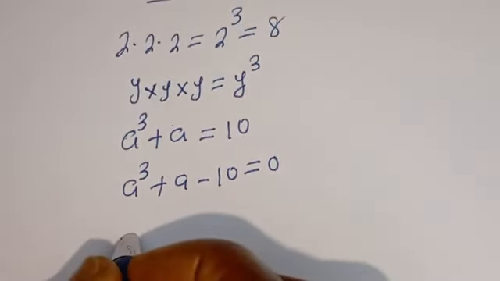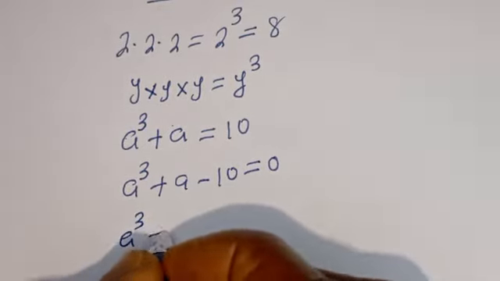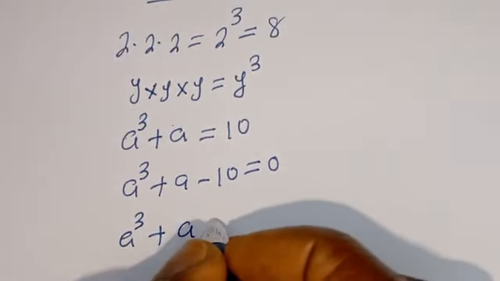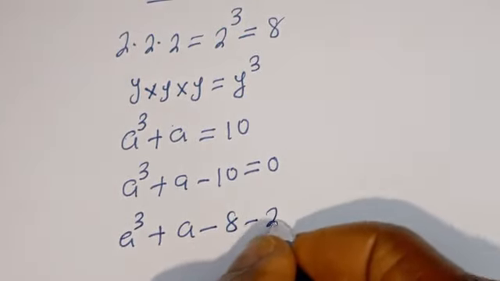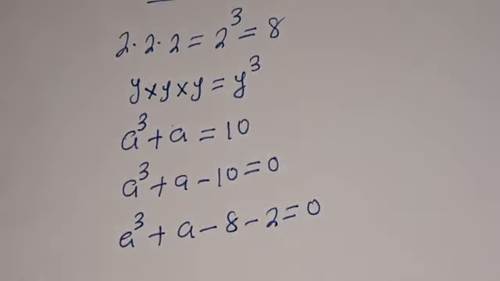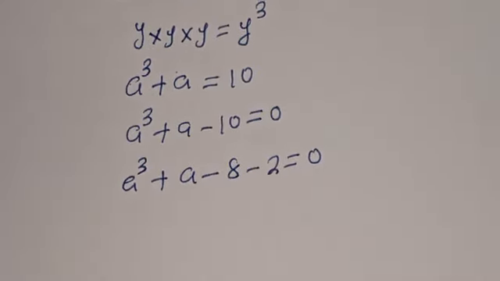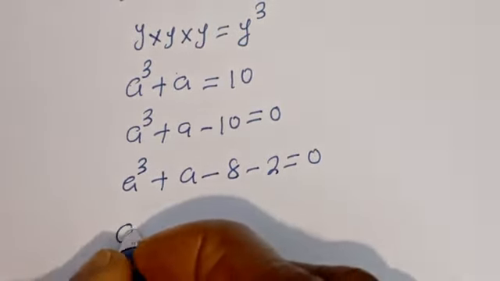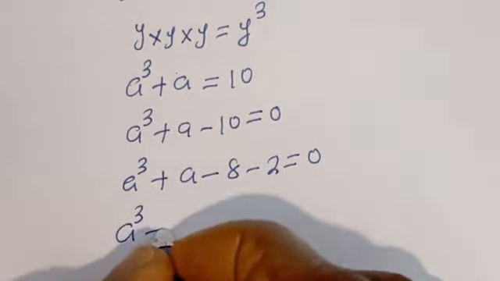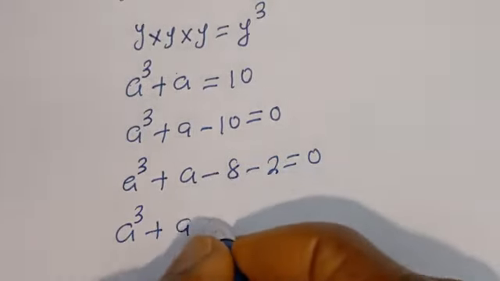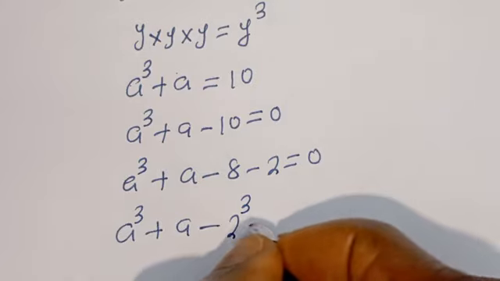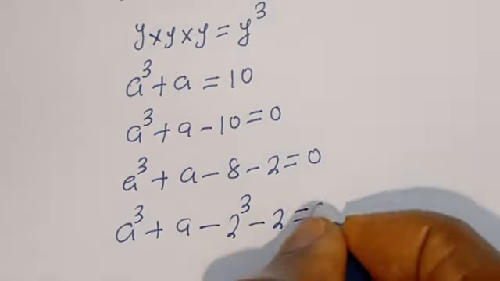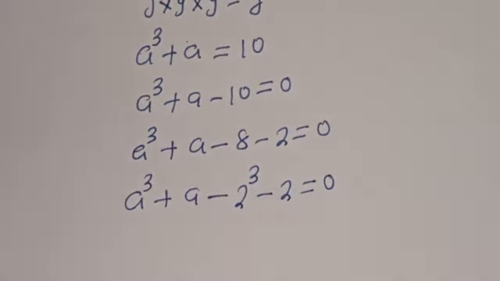Then here we have a to the power of 3 plus a minus 10 can be written as a to the power of 3 plus a minus 8 minus 2 is equal to 0. Then this is a to the power of 3 plus a minus 8 can be written as a to the power of 3 minus 2 to the power of 3 plus a minus 2 is equal to 0.